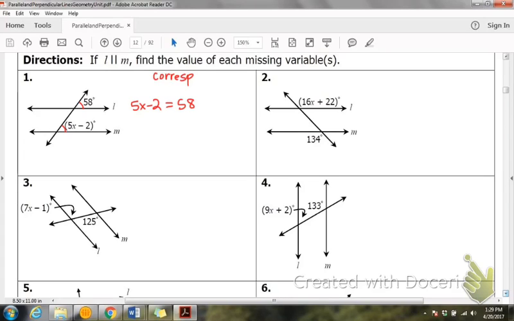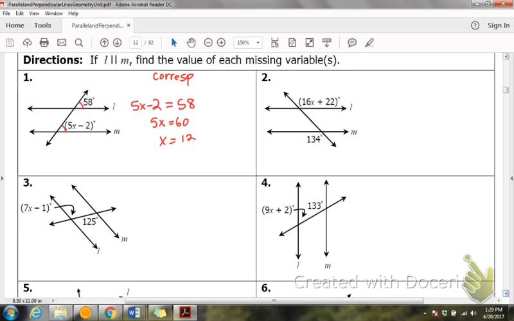And we just add 2, right? So we have 5x equals 60. What does x equal? 12. That's it.